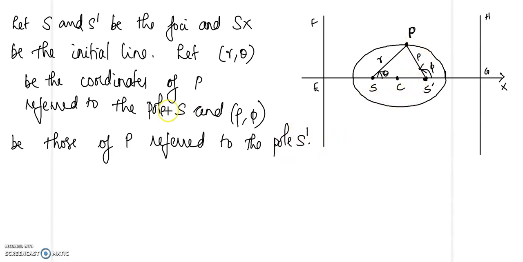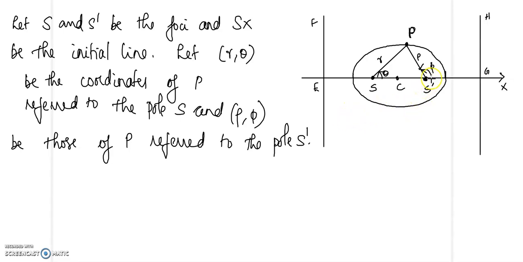So when S is the pole, Sx will be the initial line. When P is joined to S, this is the radial line we get. So the angle of inclination is theta and the radial distance is r. So r theta will be the coordinate of P with respect to the pole S. Now similarly, take the pole to be S dash.